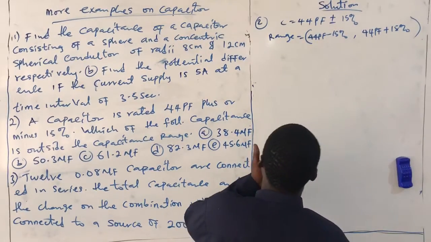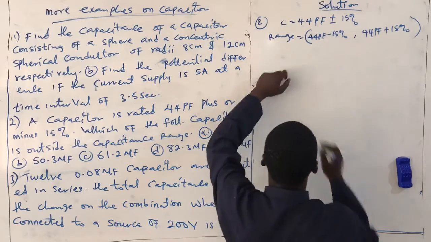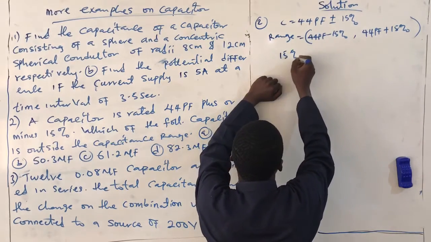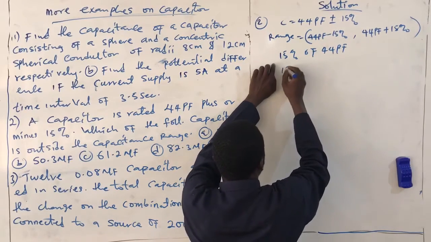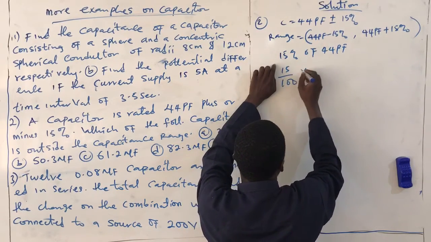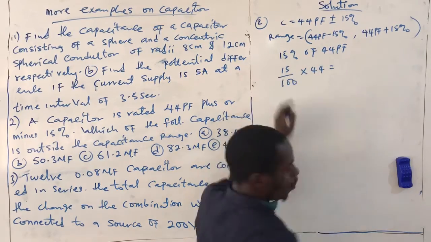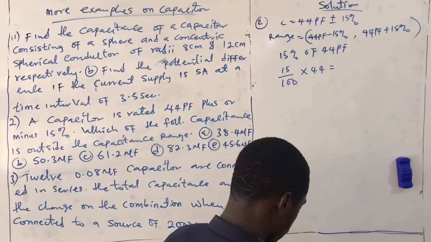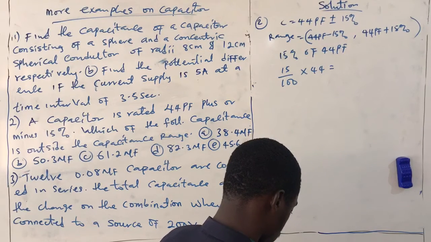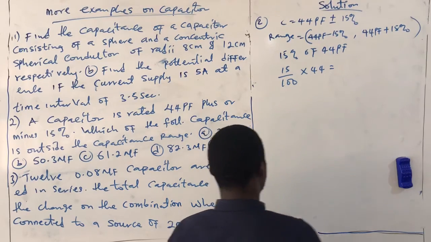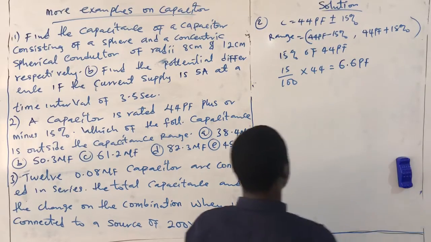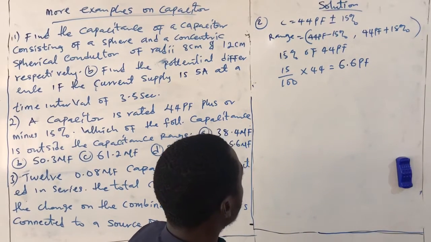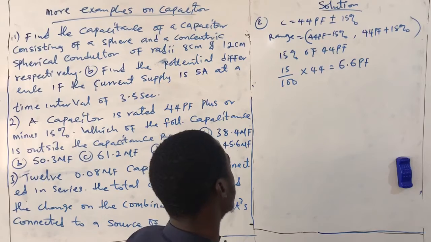Now let's find the range. 15% of 44 picofarad is the same thing as 15 divided by 100 multiplied by 44. So we can have 6.6 picofarad. So 15% of this capacitance is 6.6.